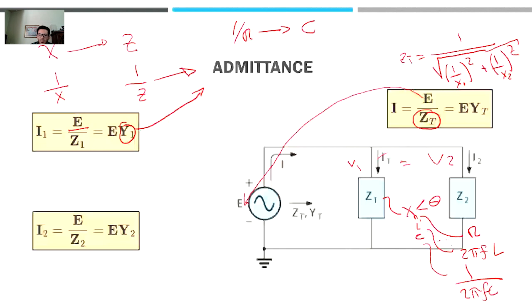Okay, so since for this particular case the current doesn't ask for the phase shift, you simply find the total impedance if you need to find the total current, and then for each reactance you can get the impedance from that reactance, and you can compute the current through each branch.